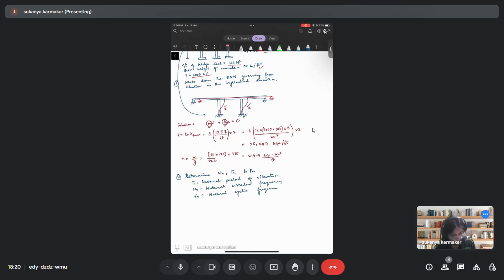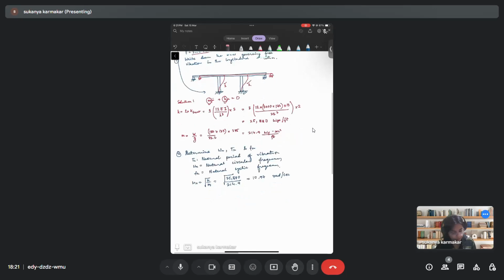So what will omega n be? omega n is equal to under root of k by m. So in the previous question, you had calculated the value of k to be 25,880 and mass was 214.9. So 10.97 radian per second. Now you know omega n. So what will be the time period? 2 pi by omega n.